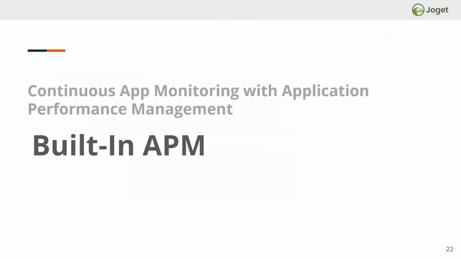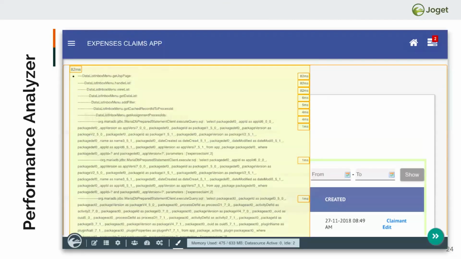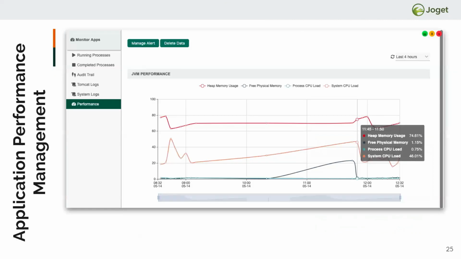And we have the built-in APM. We've talked about the performance analyzer, which is available in our previous versions. I would like to note that the performance analyzer available in previous versions will continue to exist because it plays a vital role in application development and post-production monitoring as well.